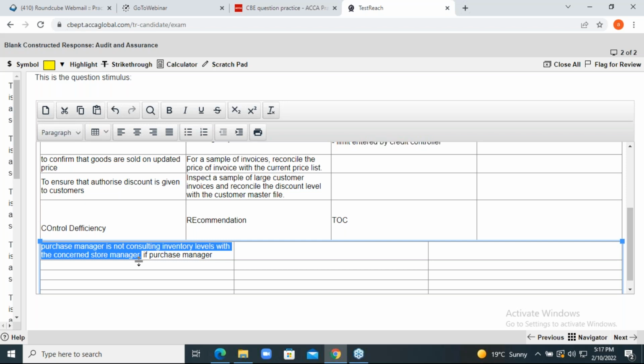You should not restrict yourself to the identification. You should also be focusing on the explanation of how this is a control deficiency. Now I have identified the line, but I need to discuss with the examiner how it is a control deficiency.